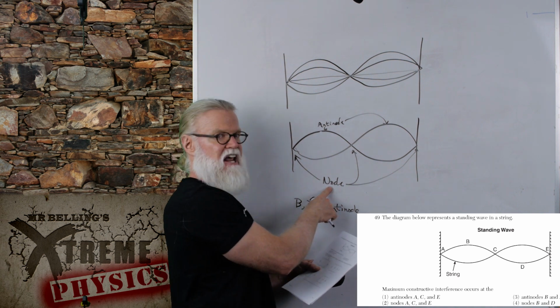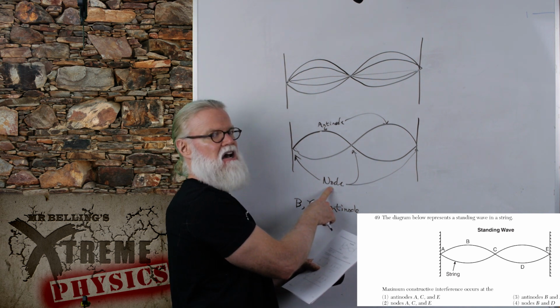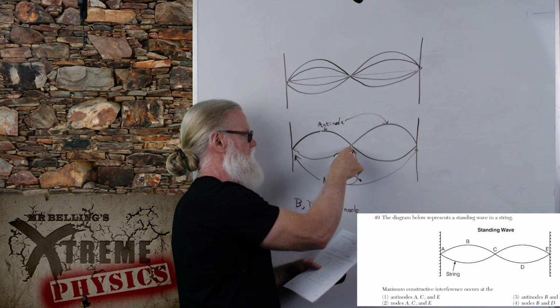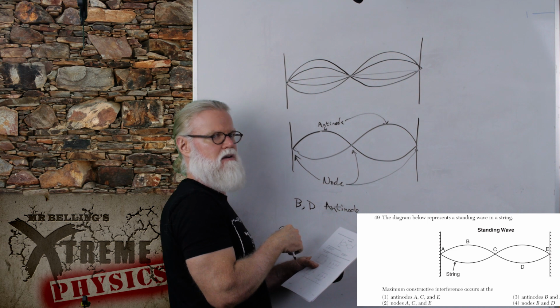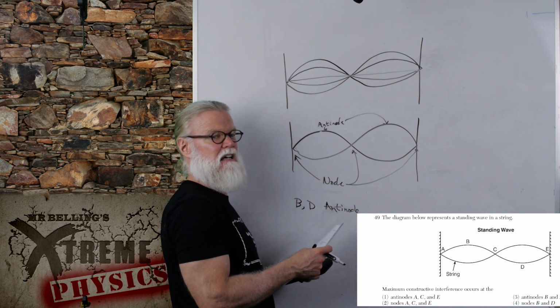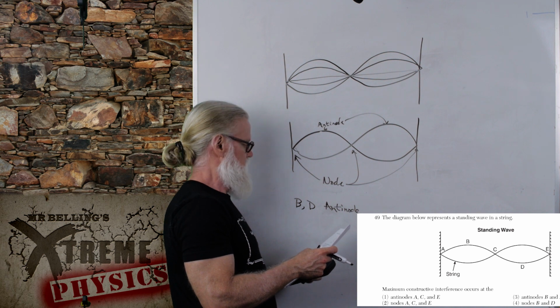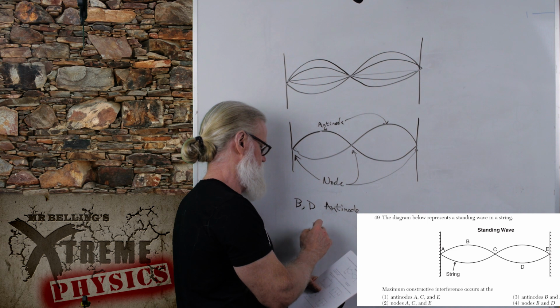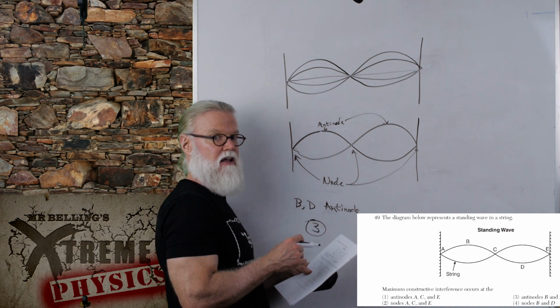Remember, there is no amplitude on a node. The amount of amplitude at a node is none. So what's the answer? I guess it's 3. Know your standing waves.